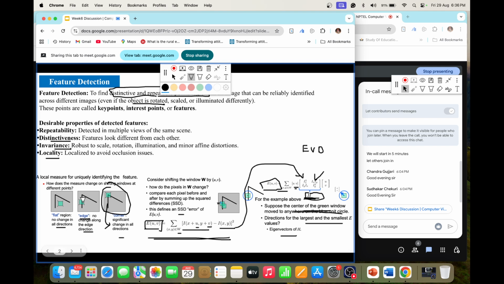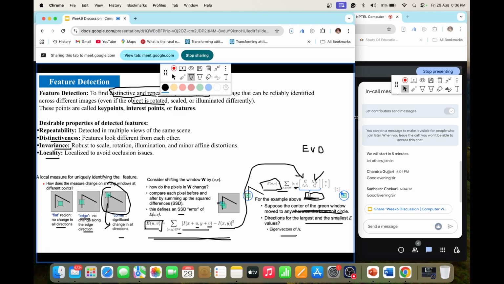If you move in one direction, like the y direction, you will have more change, and in the x direction, less change. Whereas here, if you move in both directions, there will be significantly more change. So that is why the third one is corner, the second one is H, and the first is a flat region. Okay, so that is what it signifies.